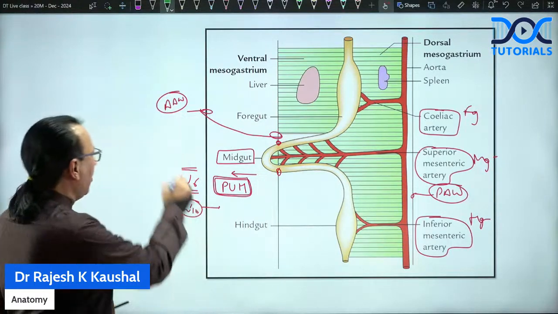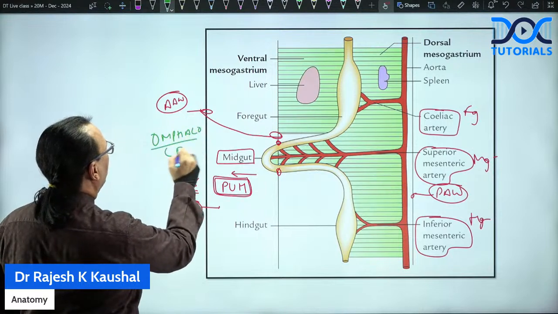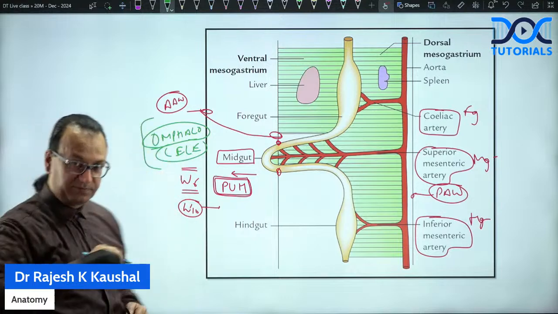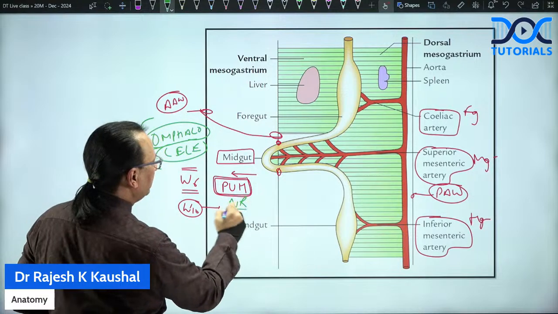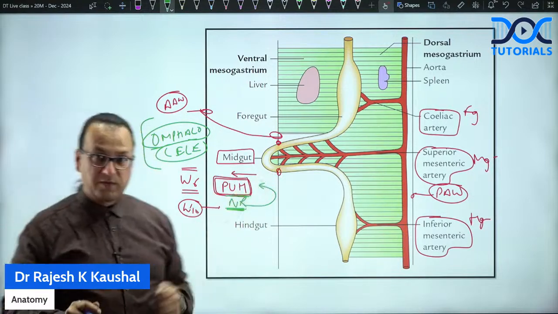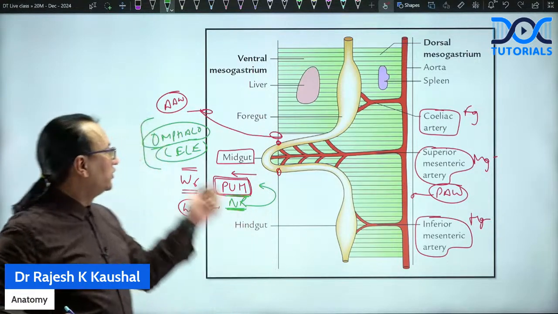You call it omphalocele. Omphalo is umbilicus, cele means hernia, kind of umbilical hernia. And why does it happen? Non-regression of physiological umbilical hernia. When the hernia is not going back, it goes out and stays there. That is called omphalocele.